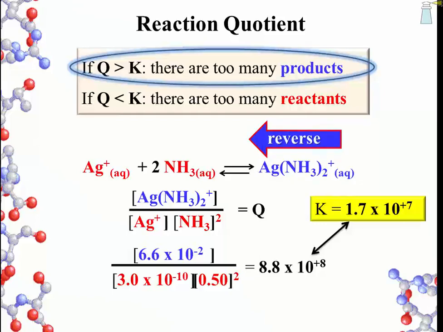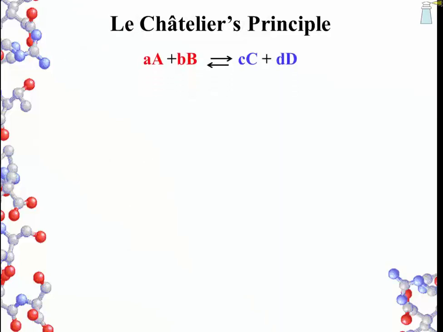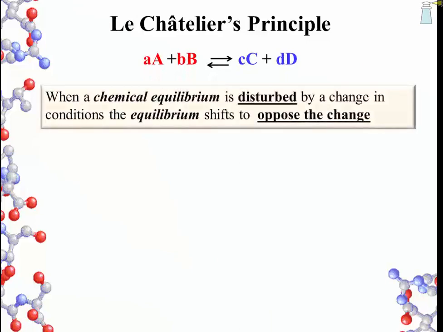This reasoning out how the reaction should proceed to get to equilibrium is a form of Le Chatelier's principle. When a chemical equilibrium is disturbed by a change in conditions, the equilibrium shifts to oppose the change. What causes the change is not the focus. How the system responds to the change is.